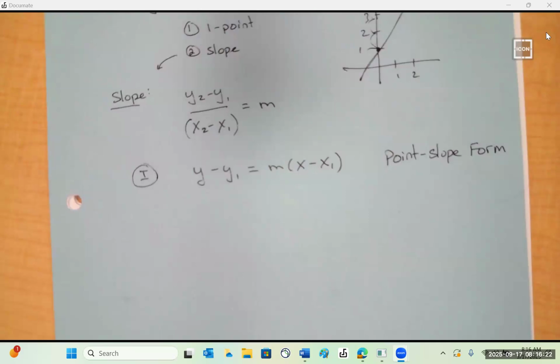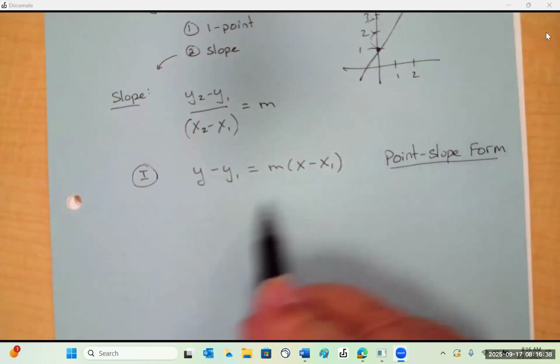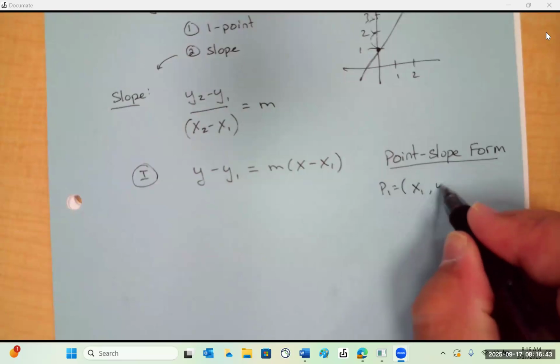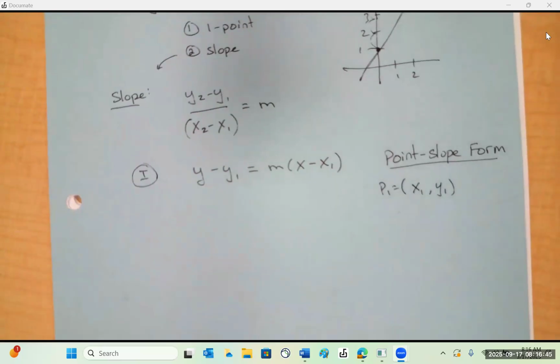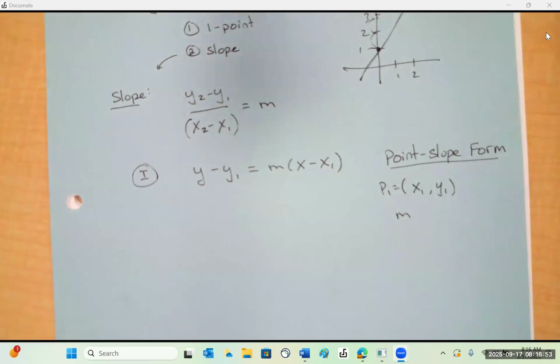Can anybody guess why it's called a point slope form? Is there a point in there? So we have point 1 at x1, y1. Do we have a slope? That's M. Hence, the x1, y1 is the point, and the M is the slope. So that's a point slope. So that's our first formula we learned.